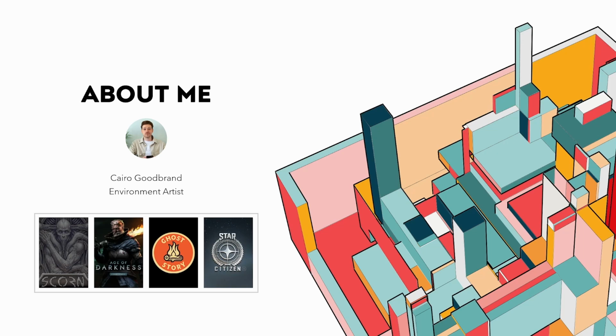Here you can see some of the titles that I've had the privilege of working on throughout my career, some released and some unannounced. I currently work at Cloud Imperium Games on Star Citizen, which is the first time I got to use Houdini in a production setting. As the open world of Star Citizen is extremely vast, we use Houdini a fair bit for modular asset creation, and it's wonderful as well for your general sci-fi cables, pipes, walls, and also other organic elements such as caves and natural plant formations.